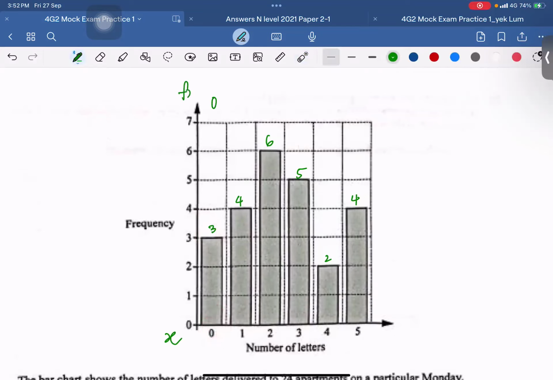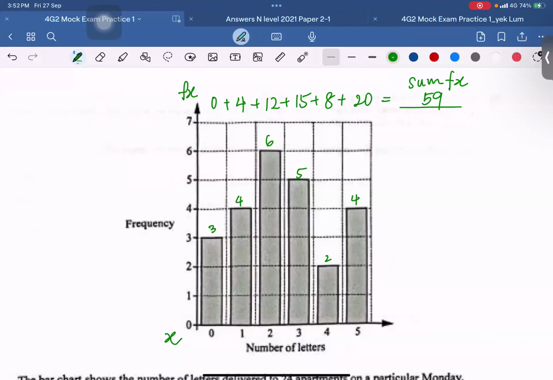I find my fx: 1 times 4 letters, so 4. 2 times 6, 12. 3 times 5, 15. 4 times 2, 8. 5 times 4, 20. Find the sum of fx. The sum of fx in this case will be equal to 59.